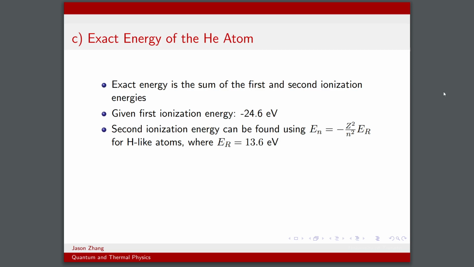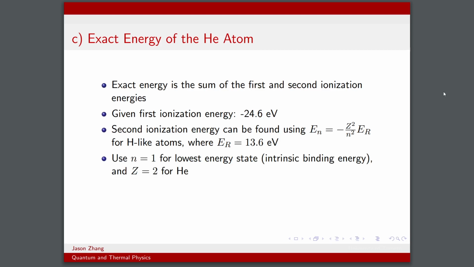What we notice is that the second ionization energy occurs when we go from helium 1 plus to helium 2 plus. And helium 1 plus is a hydrogen-like atom. So we can use this formula: the energy of the valence electron is equal to minus Z squared over n squared multiplied by the Rydberg energy, where the Rydberg energy is 13.6 electron volts.